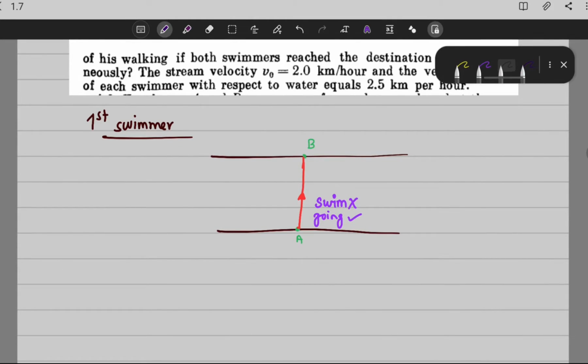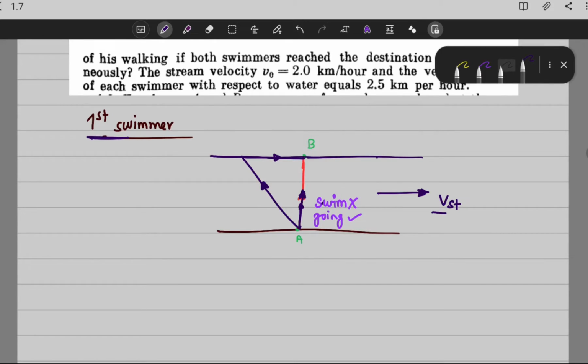For example, the stream is flowing with velocity, let us say, Vst. Because of the stream velocity, if the swimmer swims in this direction, then it will reach somewhere else. As it is going in this direction, the swimmer has to swim in this direction, so that because of the stream velocity it will go in this direction.